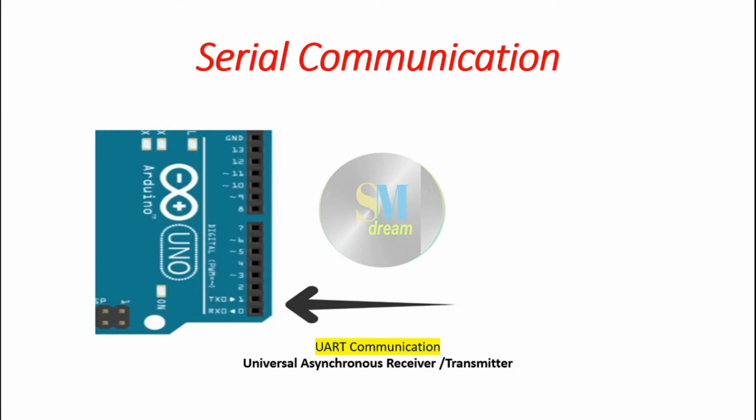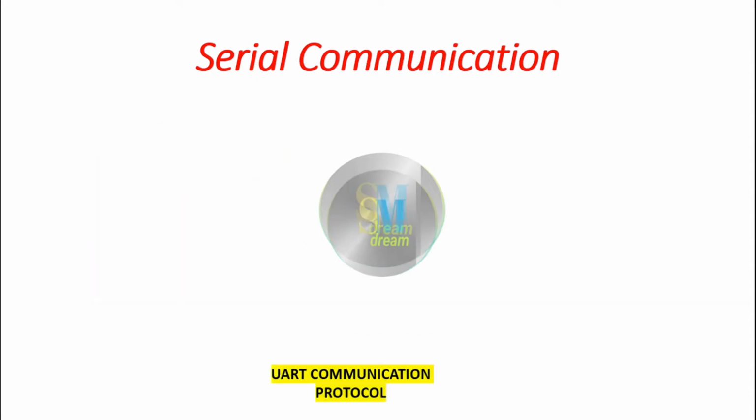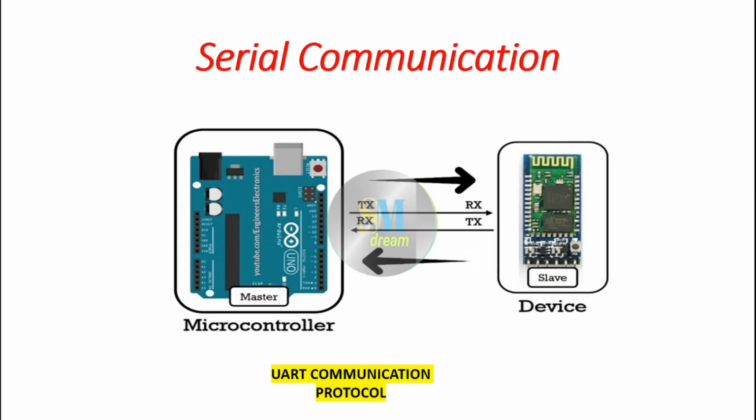Let me explain what UART communication is. The communication protocol is usable for devices that have TX and RX pins. Here you can see the Arduino already has TX and RX pins, and there is another external device, that may be a Bluetooth device, a gas sensor or whatever.